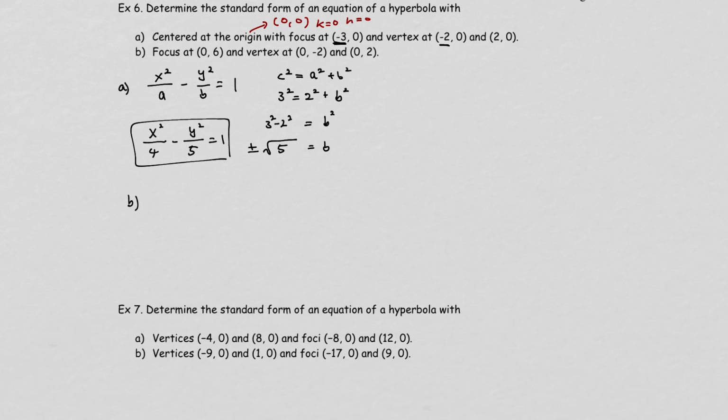And because instead of x, your vertices are on the y instead of x, we know that we will have the y value first, and x will be negative. And focus being 6, your c is 6. And a is 2. Well, I guess b is 2.